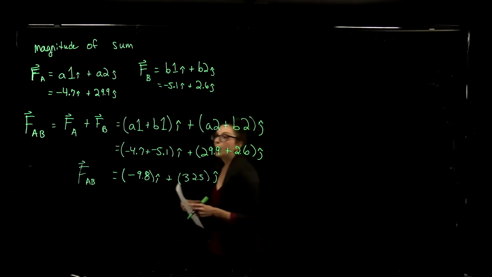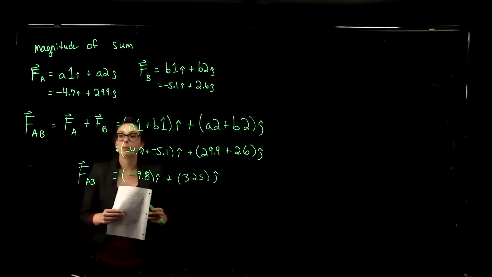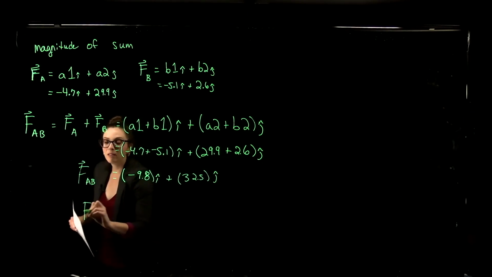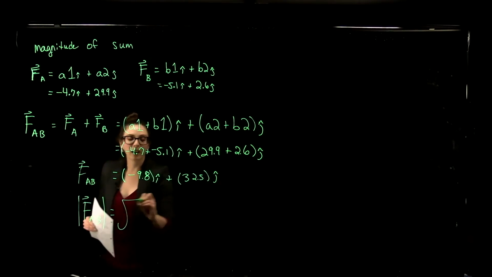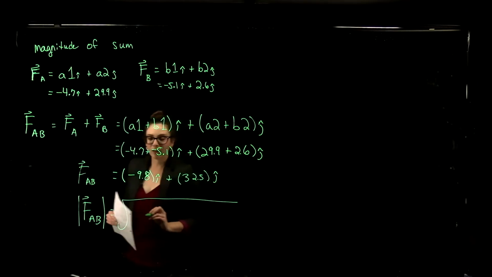We've got the X and Y components now, and so to find the magnitude of the sum, vector AB, we will appeal again to the Pythagorean theorem.